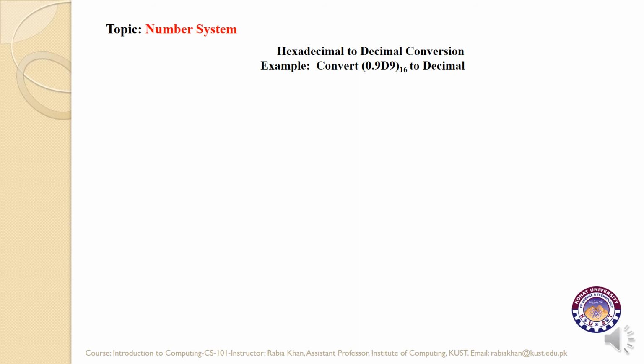Let's see another example. We are given a hexadecimal fraction 0.9D9 and we have to convert it into a decimal number. D is equal to the number 13.